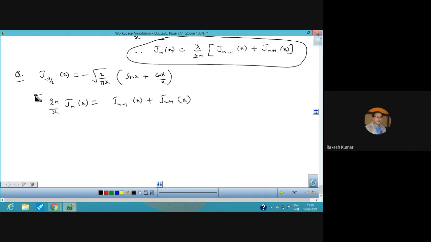This was your sixth recurrence formula, and we have to use this formula here. So put n is equal to 1 by 2 here.